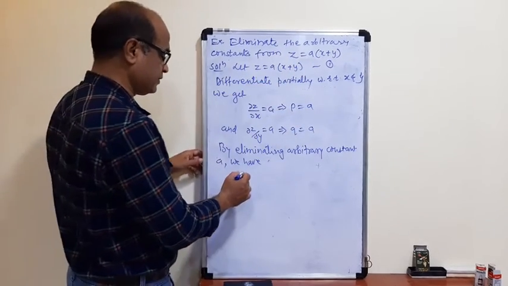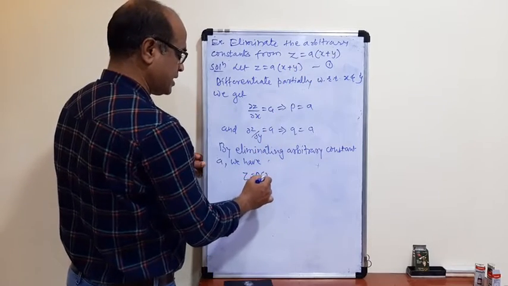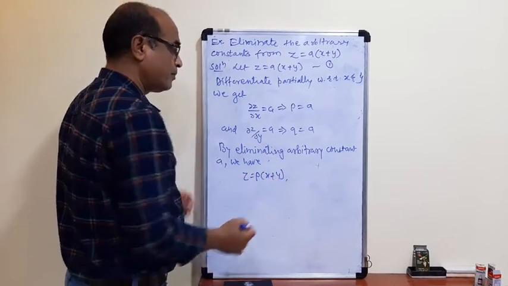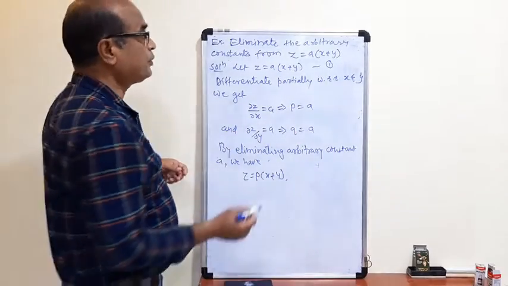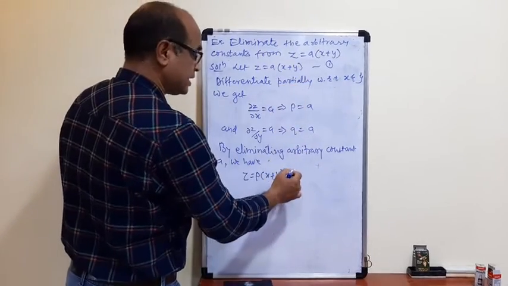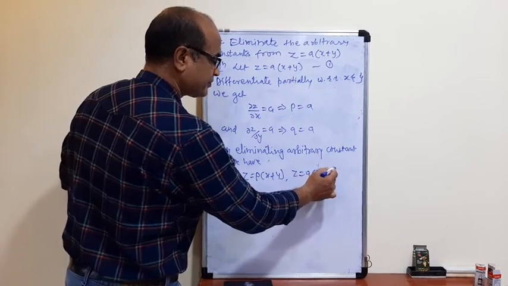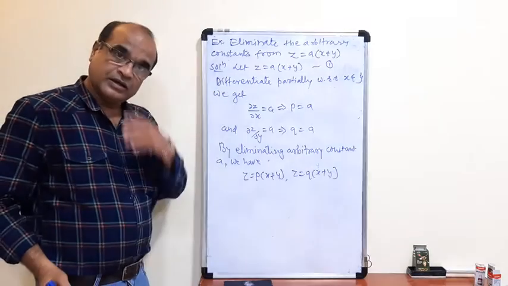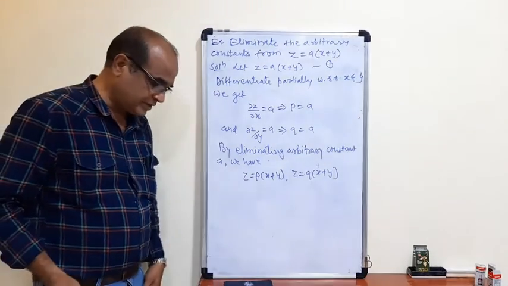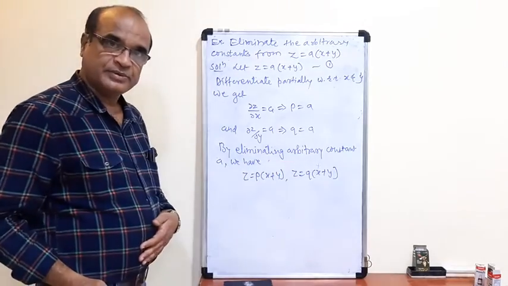So that is z is equal to p into bracket x plus y. But a is also q, so put a is equal to q there. So that is z is equal to q into bracket x plus y. So we get two partial differential equations. This is also a partial differential equation, and this is also a partial differential equation.